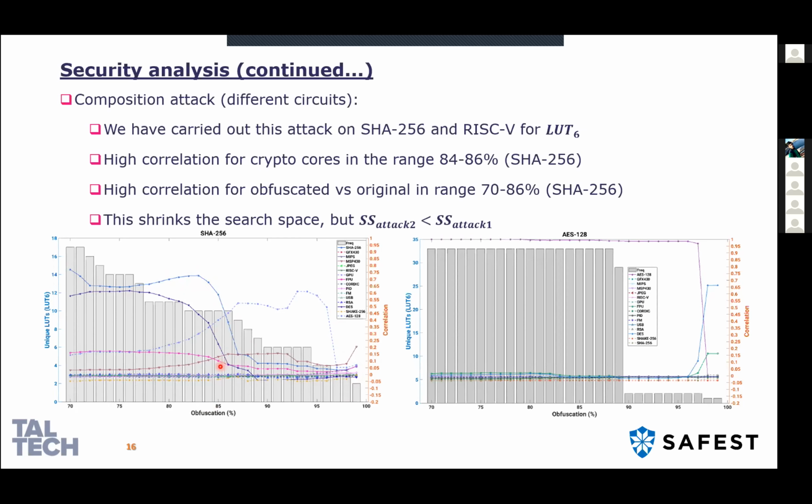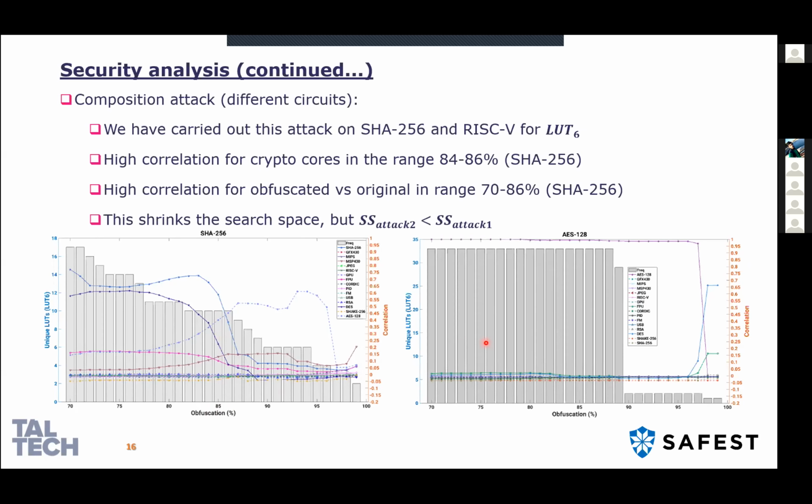This concludes that if we obfuscate the design greater than 87%, then there is a very low probability that the adversary can learn from this composition. If we switch from 85 to 80%, then it will start learning, and it will increase.